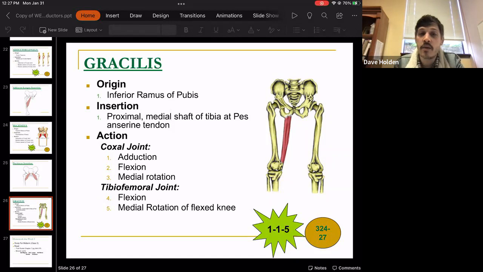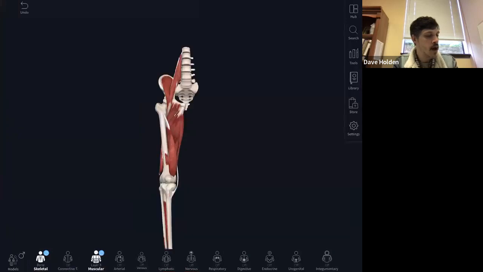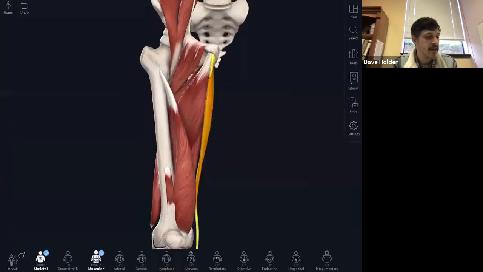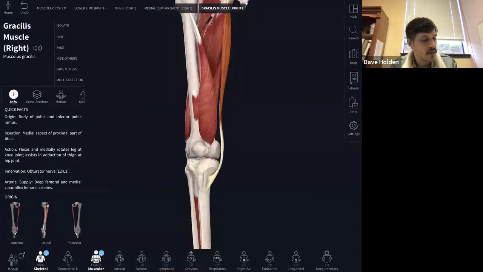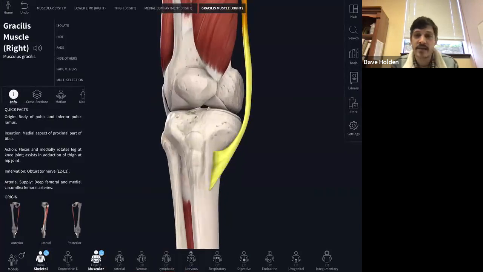Second is medial rotation of the flexed knee, meaning once the knee is bent, now the knee will medially rotate. So pulling up our thigh again, there is gracilis. You see it is the most medial muscle of the thigh, starting on the pubic bone up at the top, sliding down, it inserts at the pes anserinus.